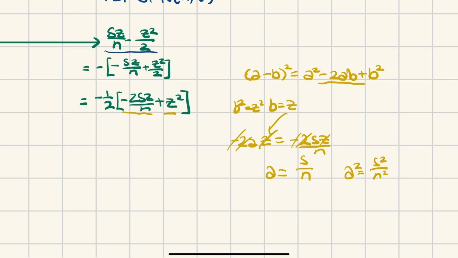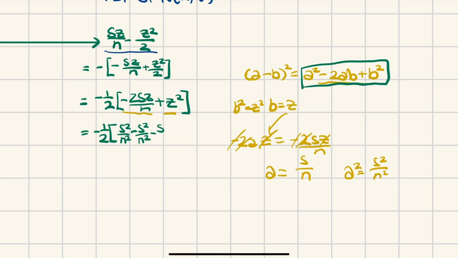Alright, now we have this information. We want to complete the square. We want to make this a perfect square. We know that a is s over n, so a squared is s squared over n squared. But if we add s squared over n squared, we have to subtract s squared over n squared.